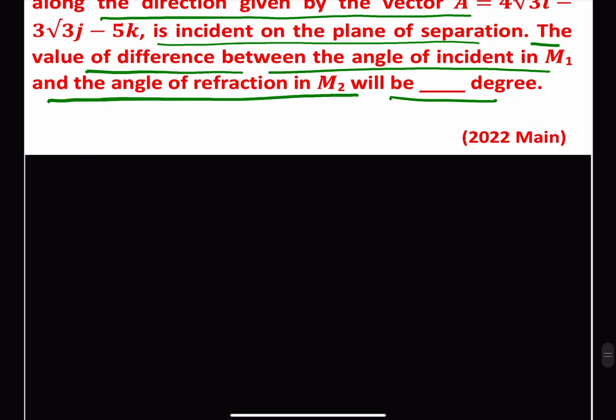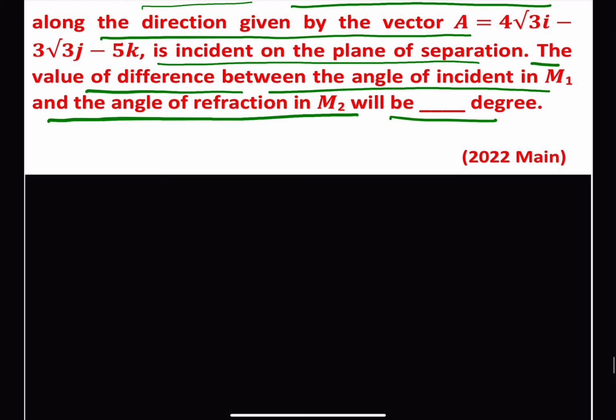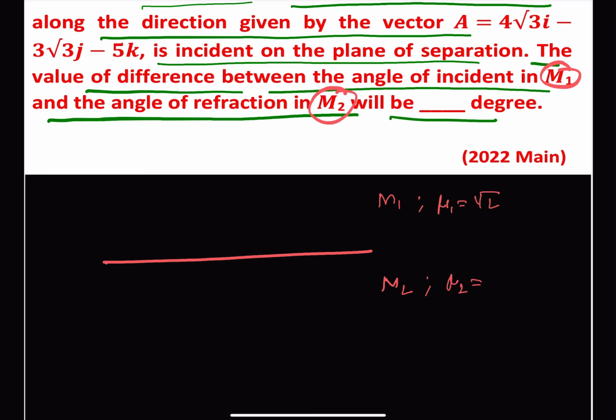Okay. So if you want to draw this figure in 2D, the angle of incidence is in the medium M1 and the angle of refraction is in the medium M2. So we can just draw, so this is medium M1 and this is medium M2, and the refractive index, let us suppose mu1 is given as square root of 2, and here the refractive index mu2 is given as square root of 3.